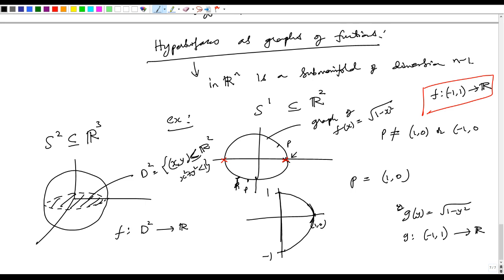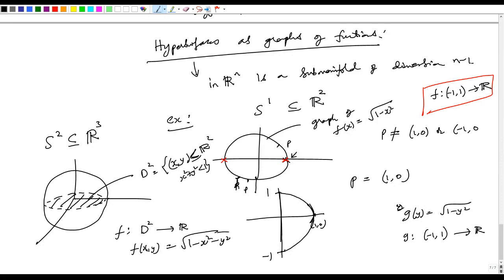On this disk, I define the function f of (x, y) equals square root of 1 minus x squared minus y squared. That gives me the entire upper hemisphere. If I put a negative sign here, I'll get the lower hemisphere.